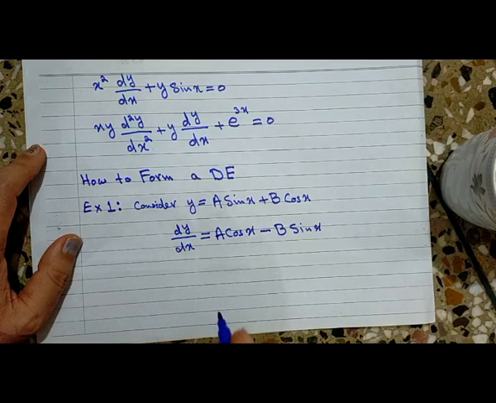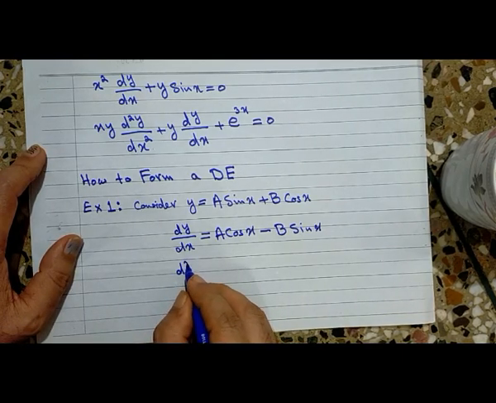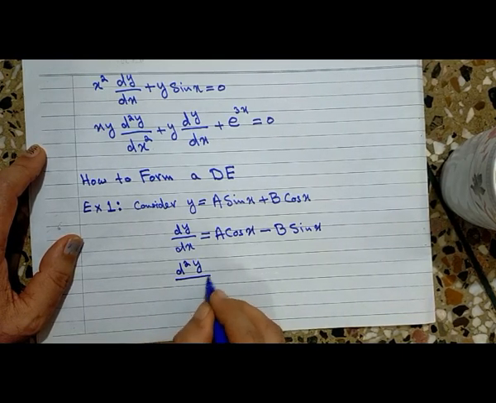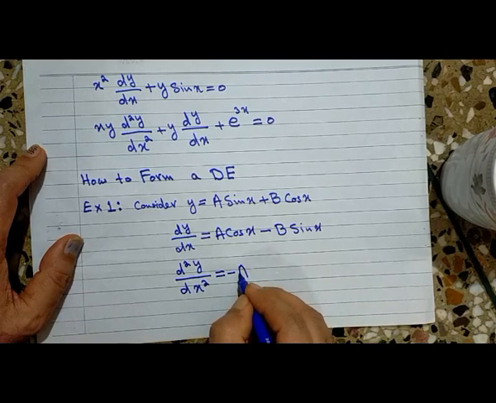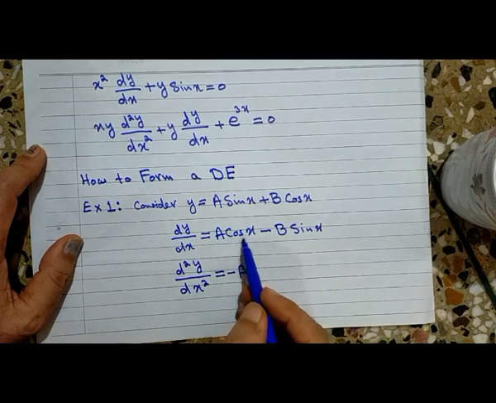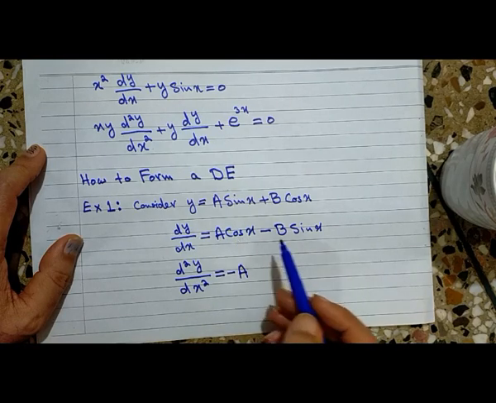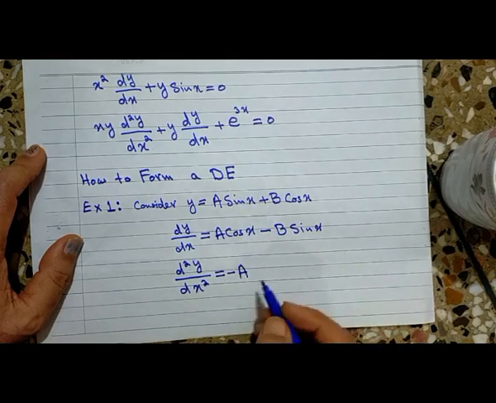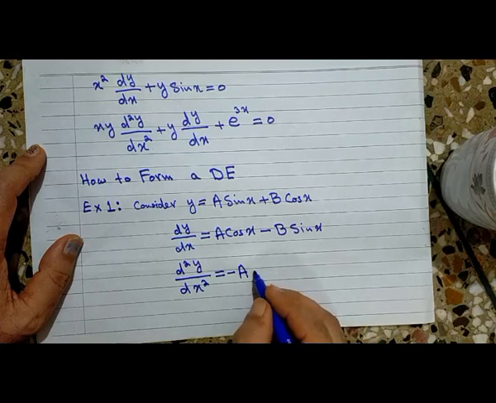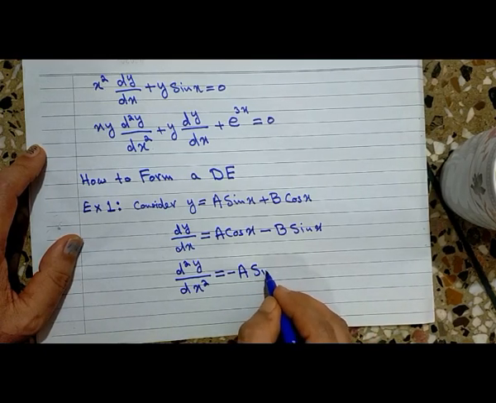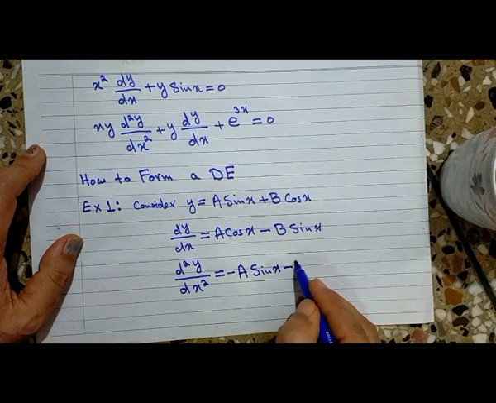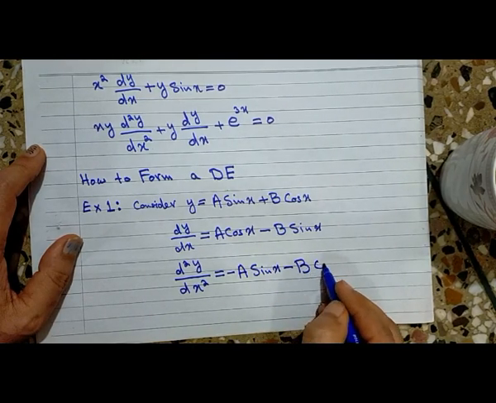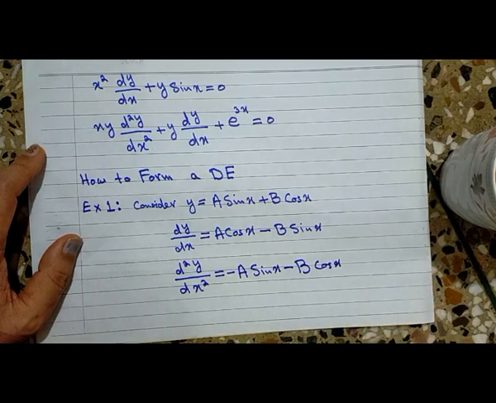Differentiating one more time, that is d2y over dx2, gives us minus a, because now when we differentiate this cos, its derivative will be minus sine x. So minus a sine x, and the same thing, minus b cos x.